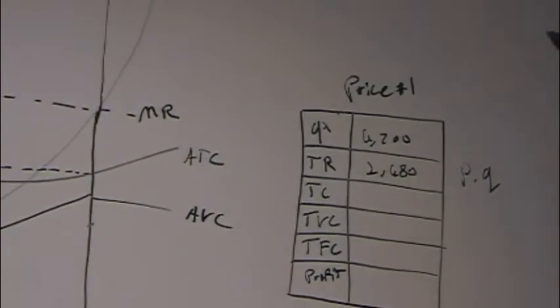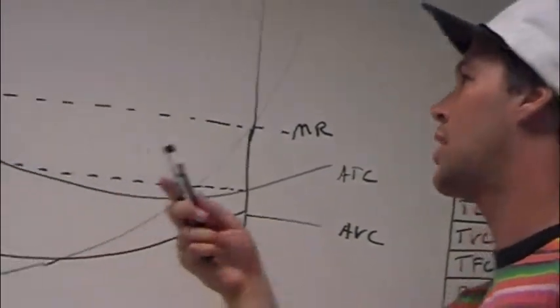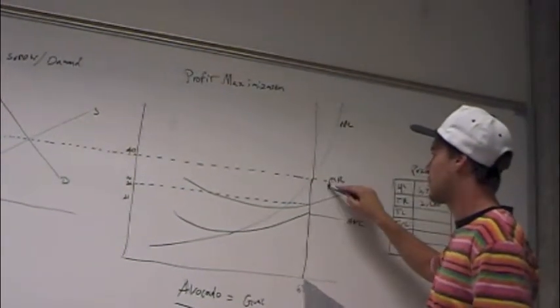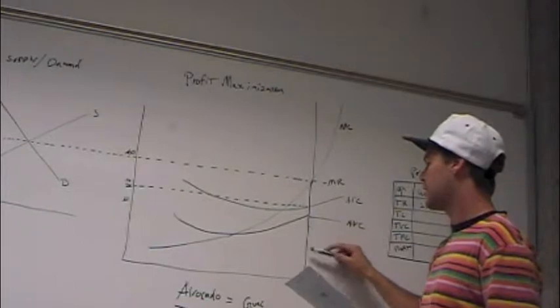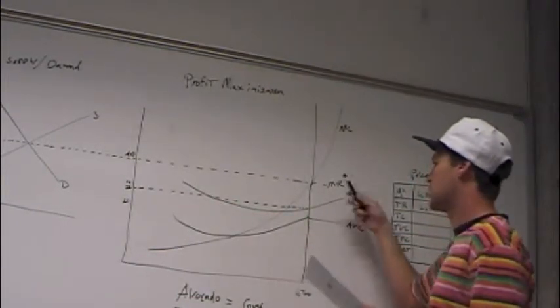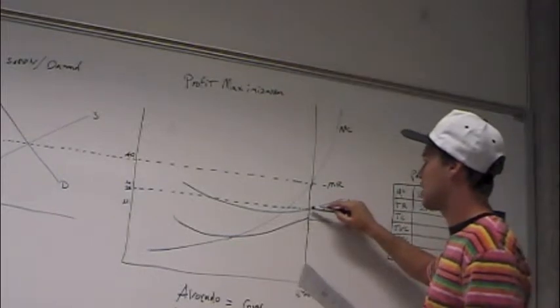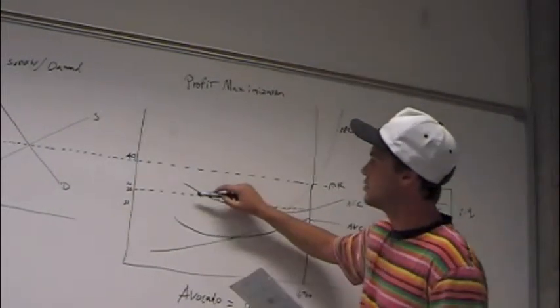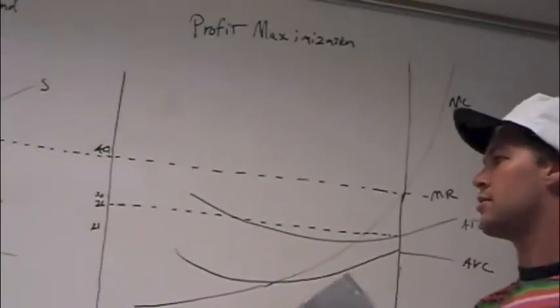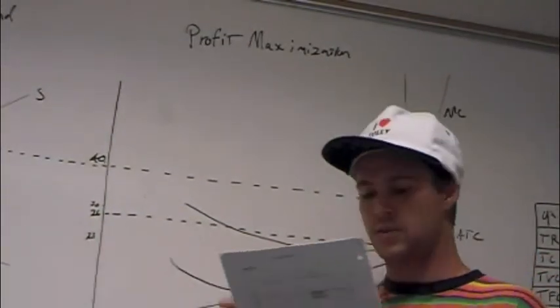So next we're going to be talking about total cost. When we find our total cost, we're going to be using the same line that we used when finding our marginal revenue and our quantity. So we want to see where it hits our average total cost. Where the point hits our average total cost, we're going to draw a horizontal line across to where it crosses all the way to the end, and we found that it hits 26.